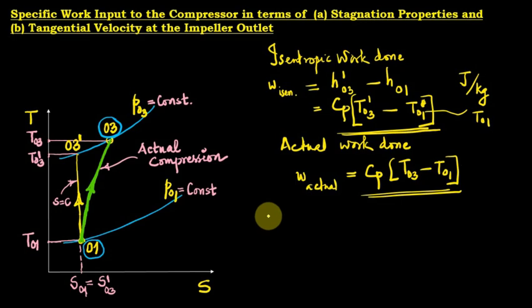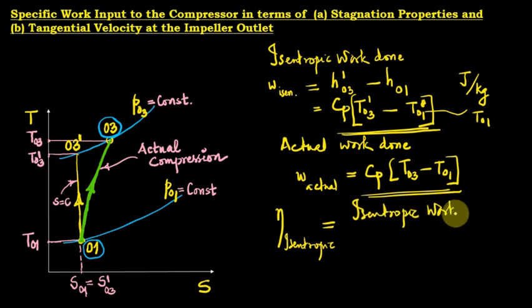Then what is the isentropic efficiency, represented by, let's say, eta? Eta isentropic is the ratio of isentropic work done to actual work done. Whichever is less should be in the numerator, so isentropic work done divided by actual work done. Had it been a turbine, the isentropic efficiency would have been actual work done by isentropic work done.